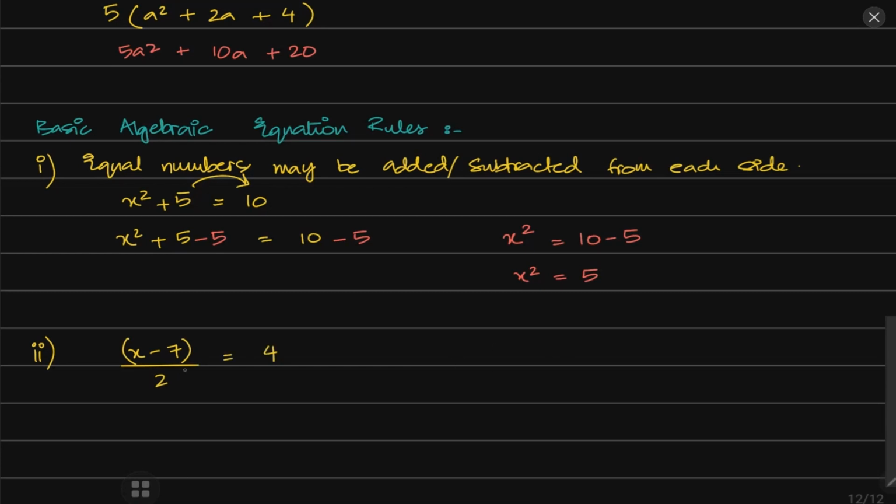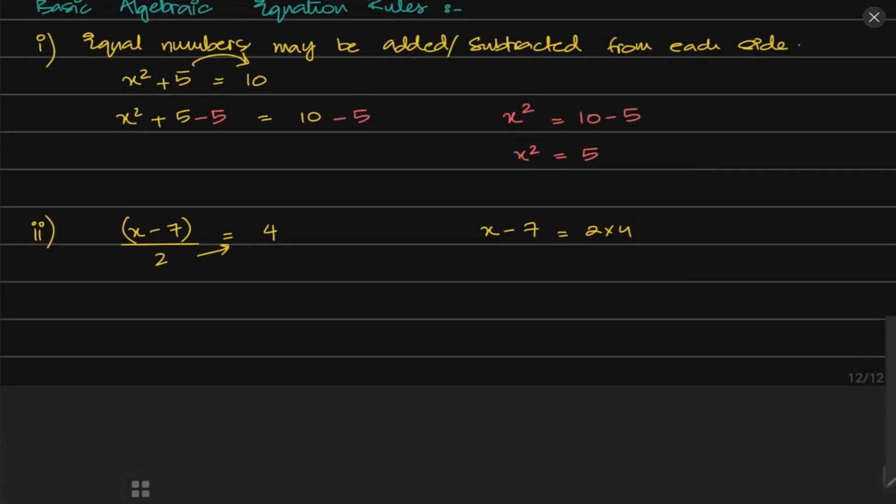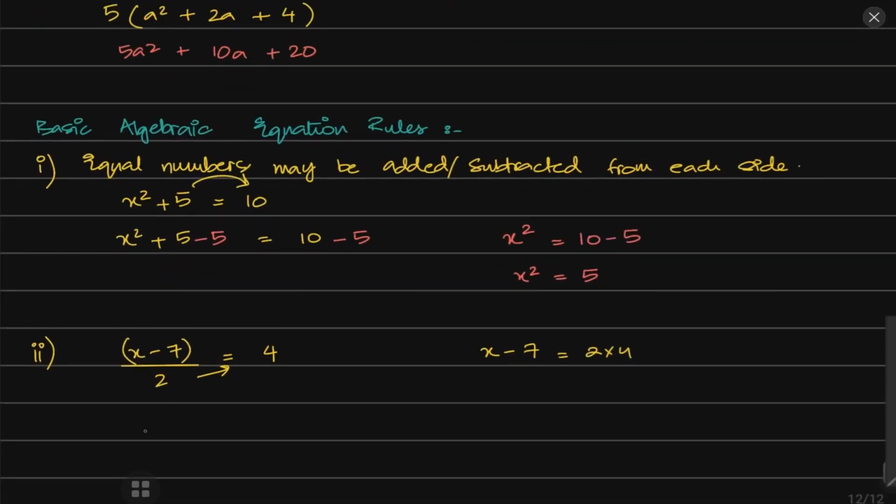What do we normally do? We just take this over here and you get x minus 7 equals 2 times 4. But that's not what's actually happening. What actually happens is that you multiply by 2 on both sides. This way, this 2 and this 2 cancel, and that's how you get x minus 7 equals 2 times 4.